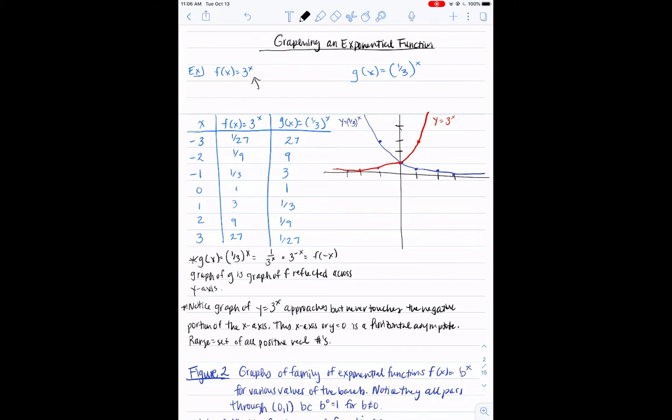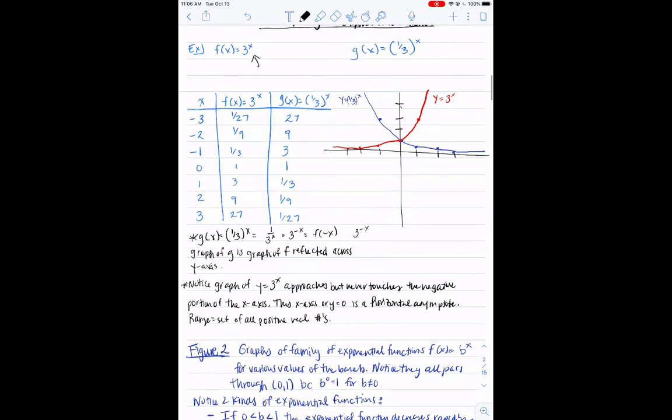Because if I plug in negative x to our f(x), I get 3^(-x). So our graph of g is actually our graph of f reflected across the y-axis. And so it's just basically reflected.